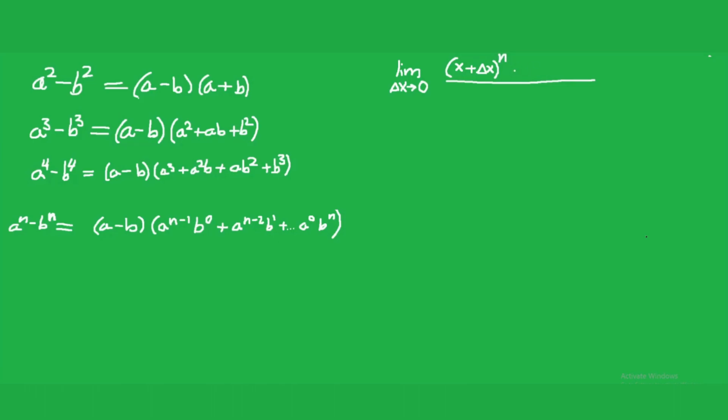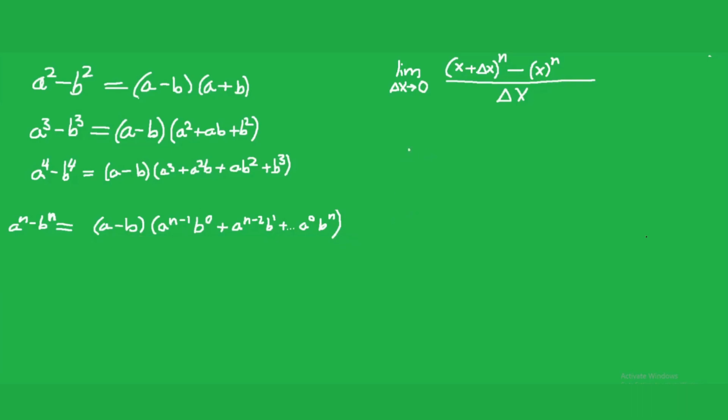And then we're going to have minus x to the nth power. That's just the difference quotient, okay? And then over delta x. So what we have here, we're going to consider our first bit a and our second bit b. So if we want to write it in this format, we can. So that's exactly what we're going to do.